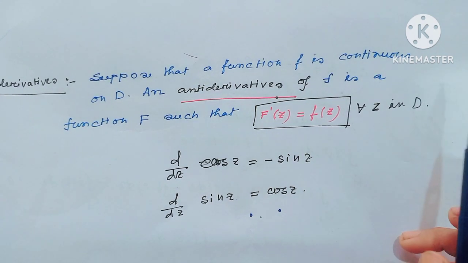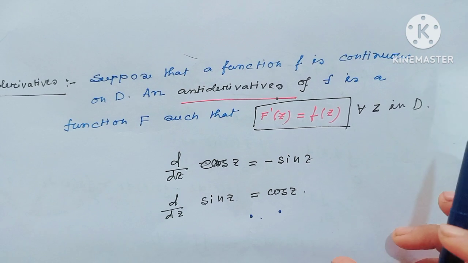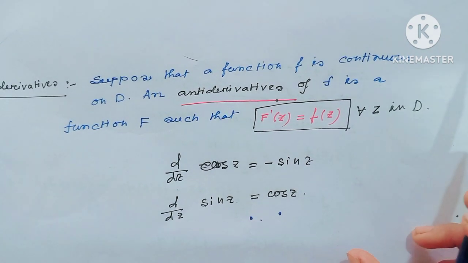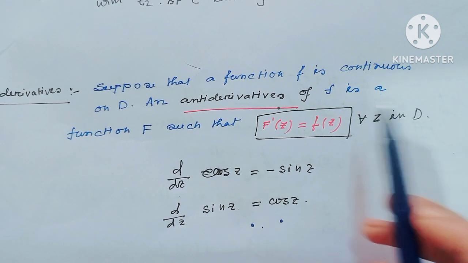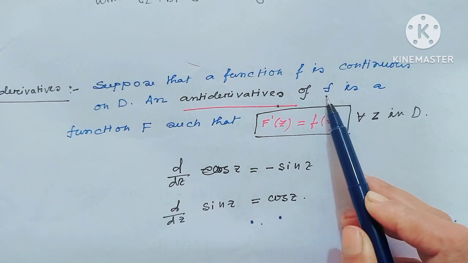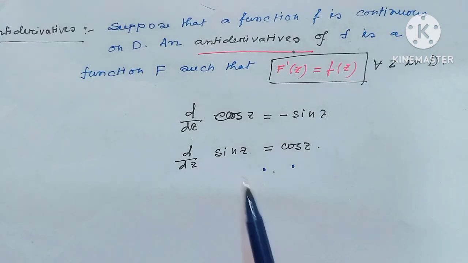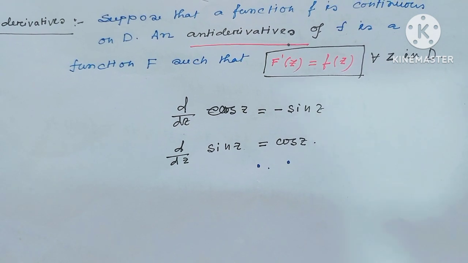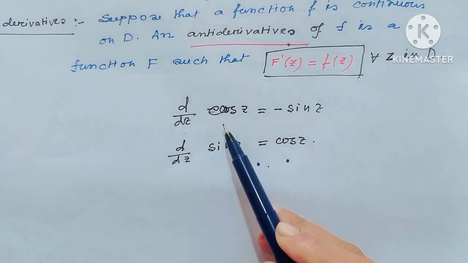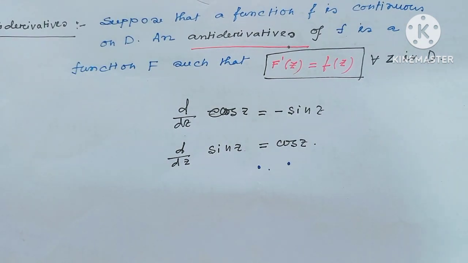If for all z in the domain D, F prime z is equal to the original function f of z, then we can say the antiderivative of the function f is the function capital F. For example, d/dz of cos z equals minus sin z, so cos z is the antiderivative of minus sin z.